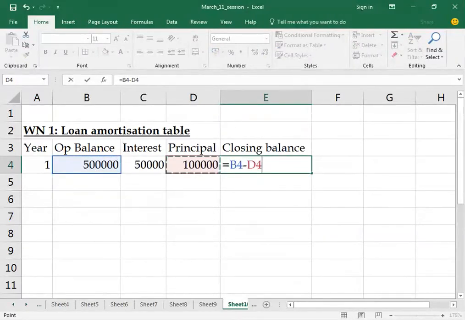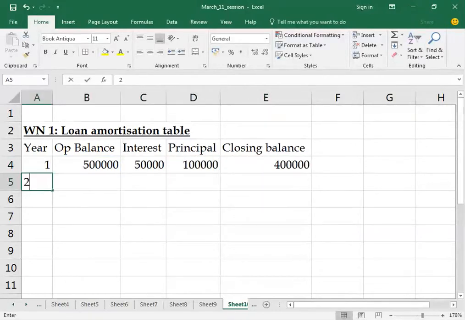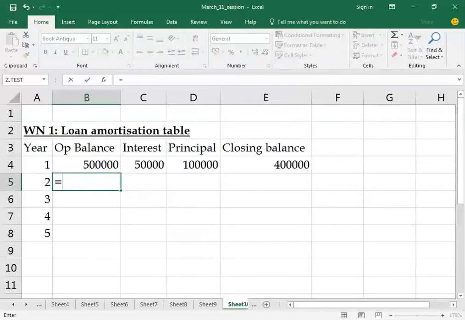No adding interest and subtracting it, because if I add interest, I'll have to show interest payment also. So my closing balance is opening balance minus principal. Earlier it used to be installment which included interest. So opening balance minus principal is closing balance. We'll have to complete this for 5 years.